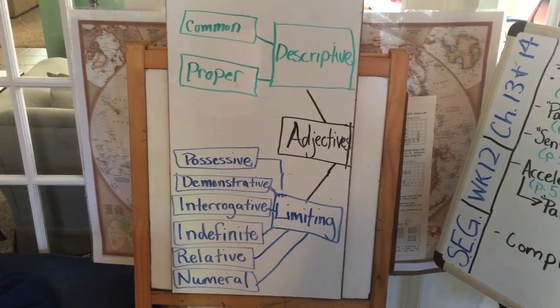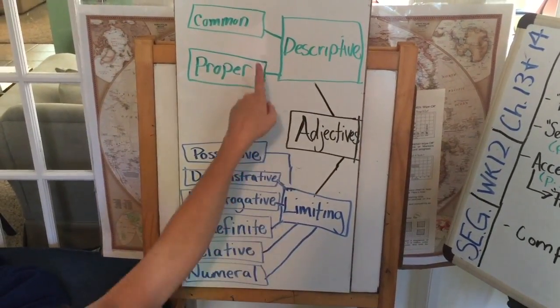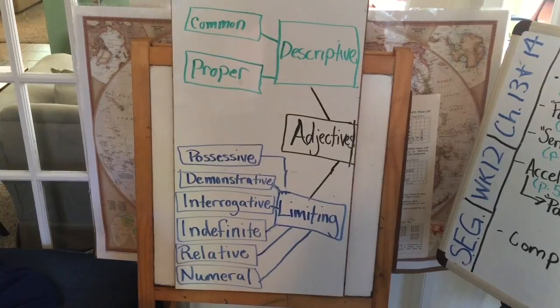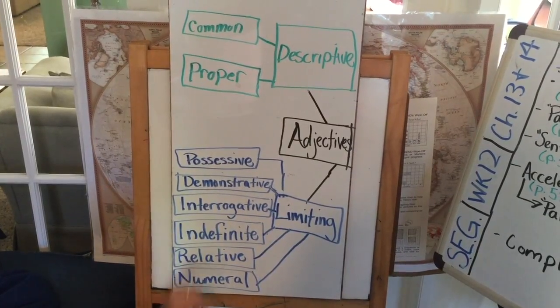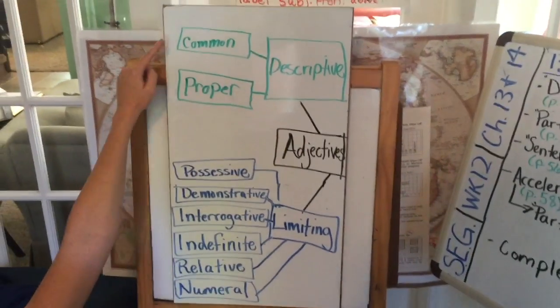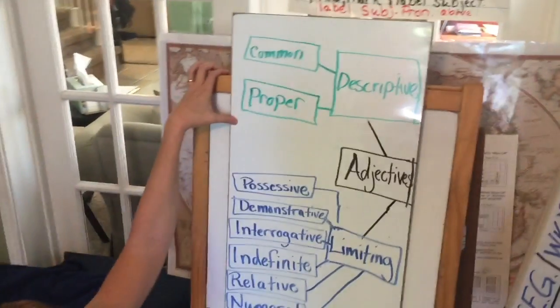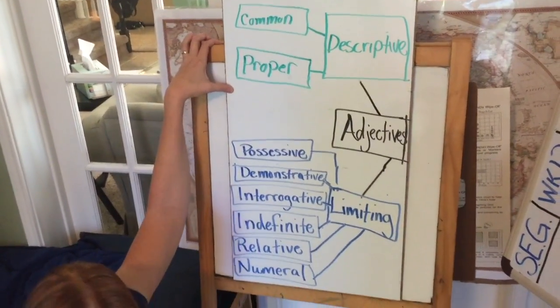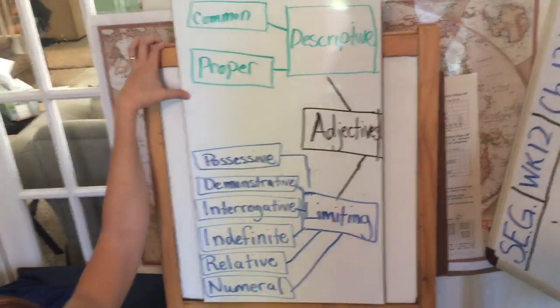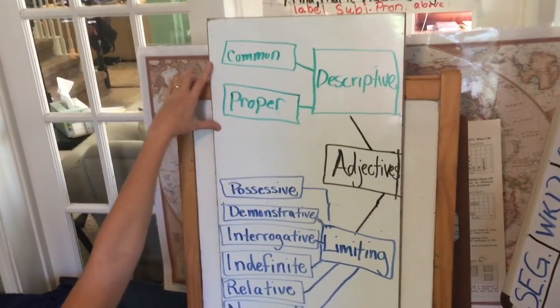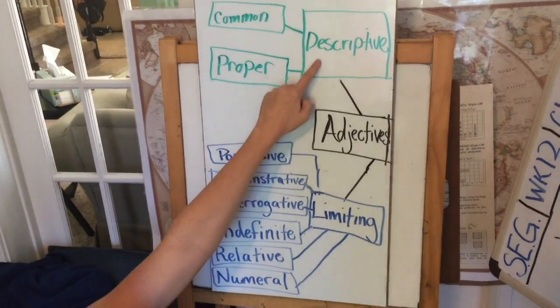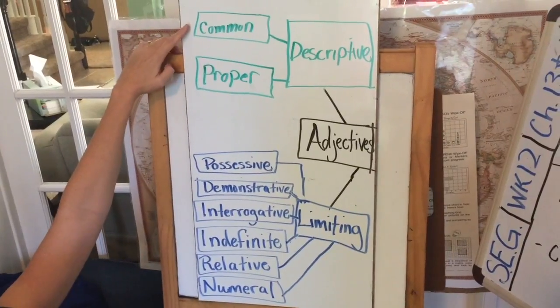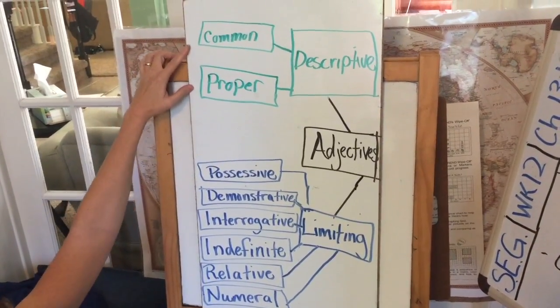Another type of adjective limits. So we have descriptive adjectives and limiting adjectives. Descriptive adjectives are like number and color and size and shape. With the descriptive adjectives, there can be common ones or proper ones.